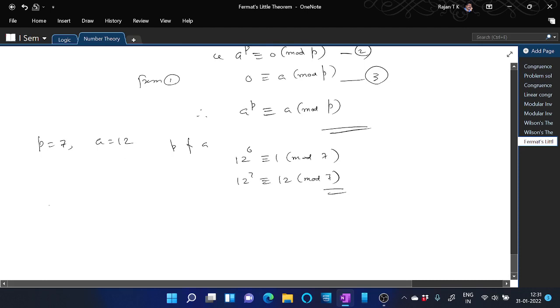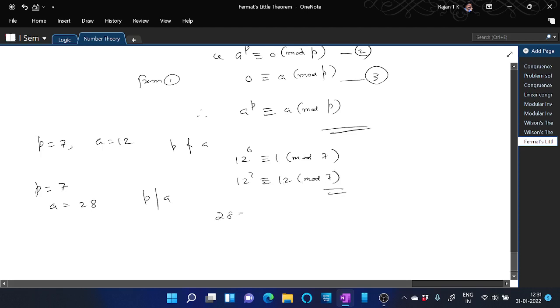Now, suppose A is equal to some number like 28 and P equal to 7. Here, P divides A. In this case, we are expecting 28 raised to 7 is congruent to 28 mod 7.